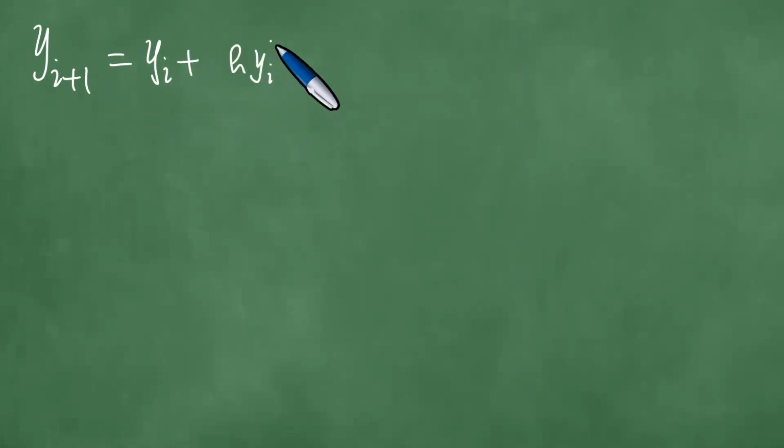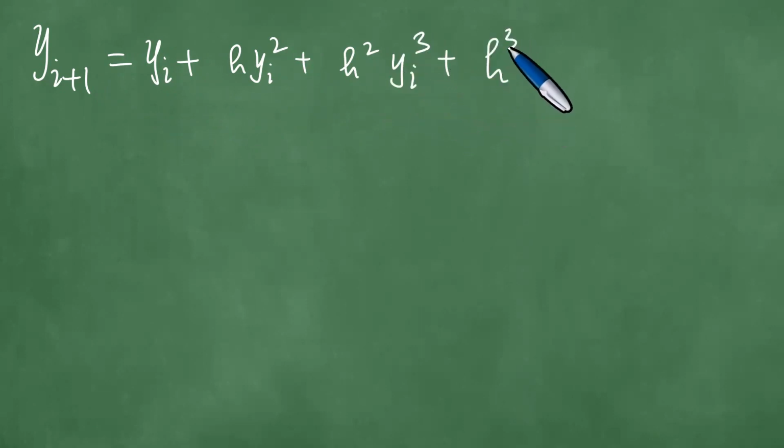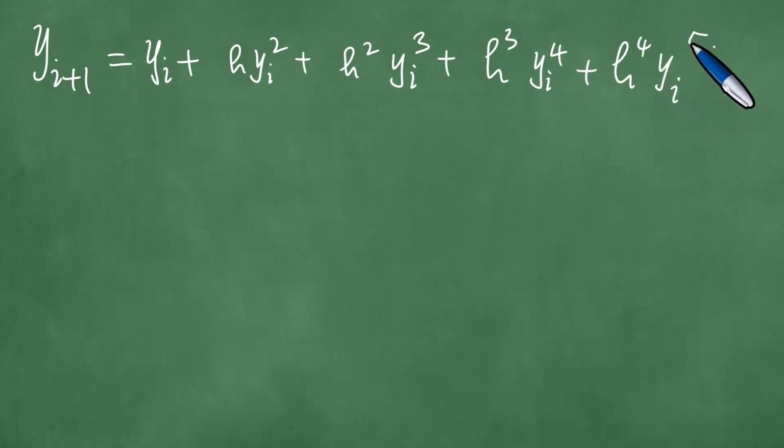Right, so we have y(i+1) equals yi plus h yi squared plus h squared yi cubed plus h cubed yi to the fourth power plus h to the fourth power yi to the fifth power.